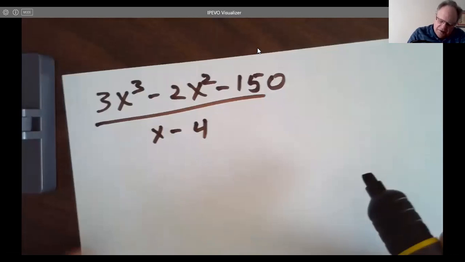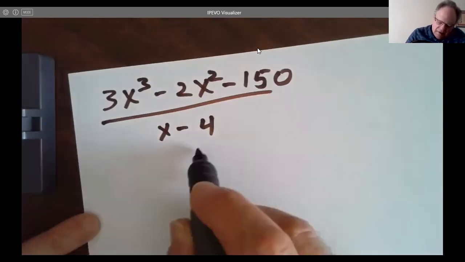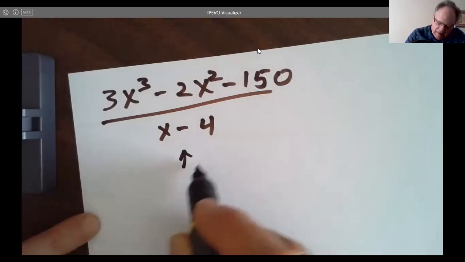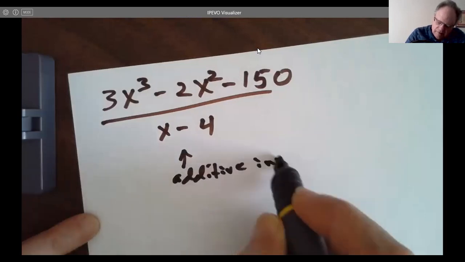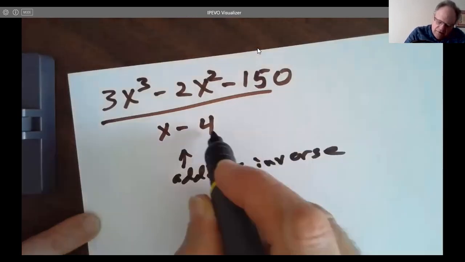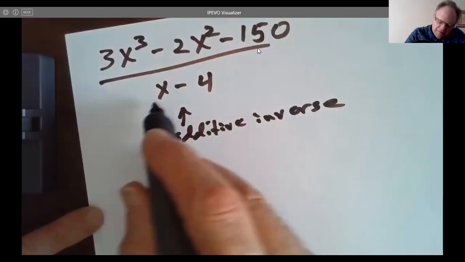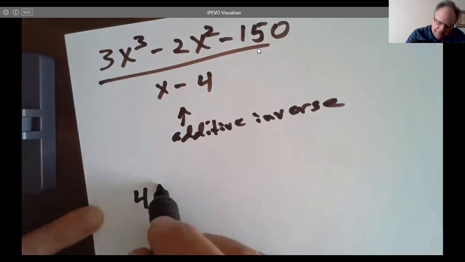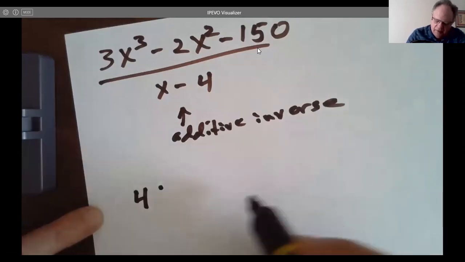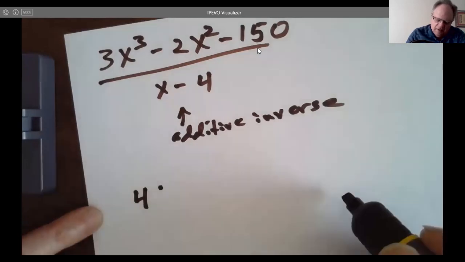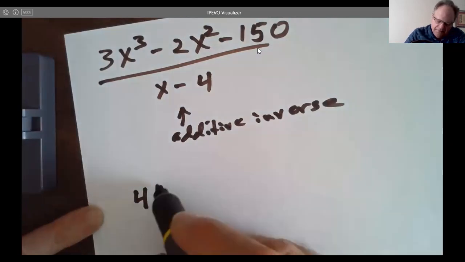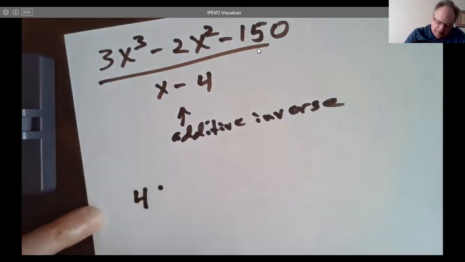Okay, in synthetic division, what you do is you take the additive inverse to your divisor. So this is minus 4, so you put a plus 4. Well, why do you do that? Because now you don't have to apply the minus sign every time, because when you put the additive inverse right away, it's like you're already subtracting.